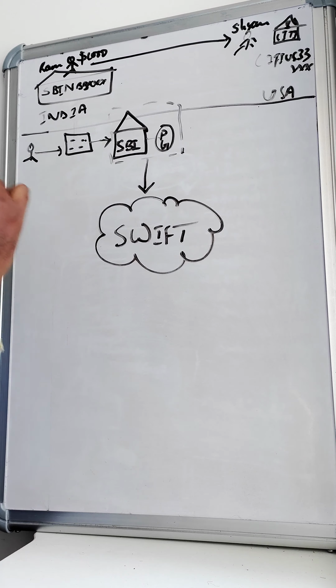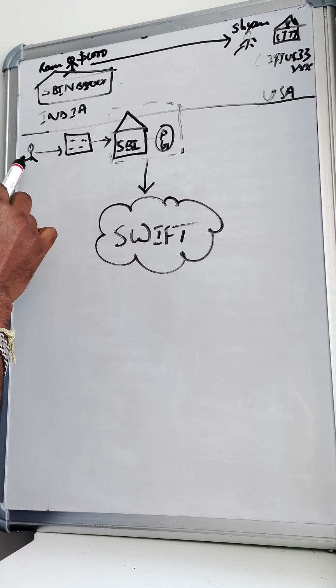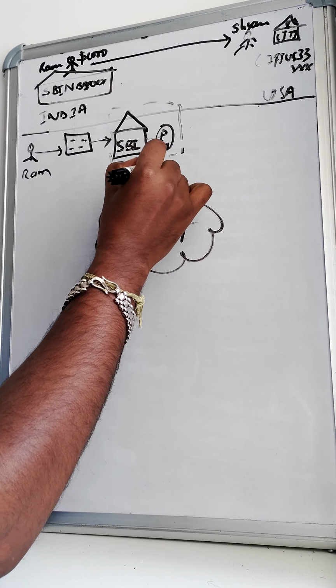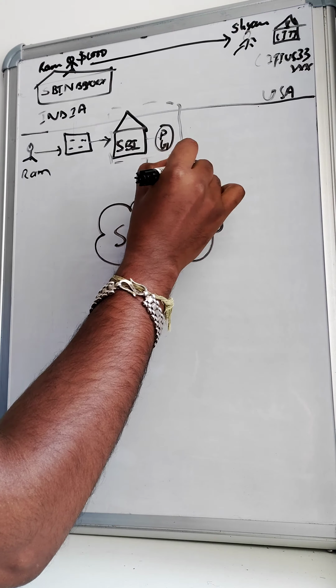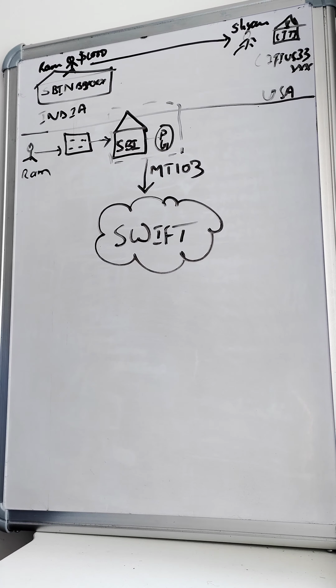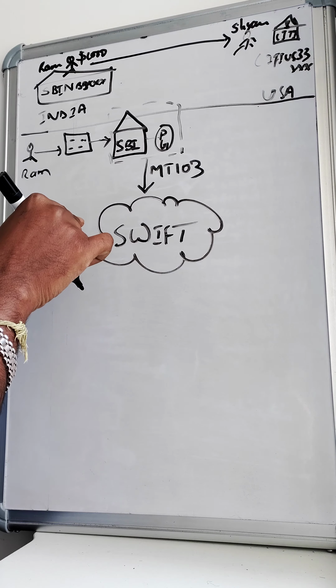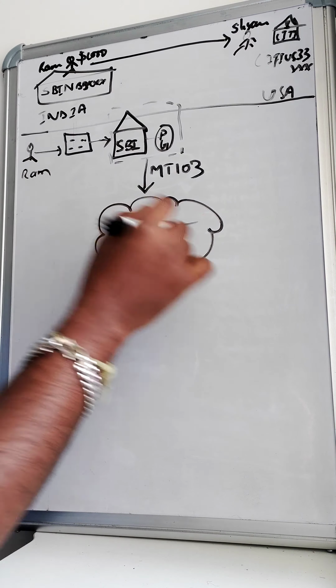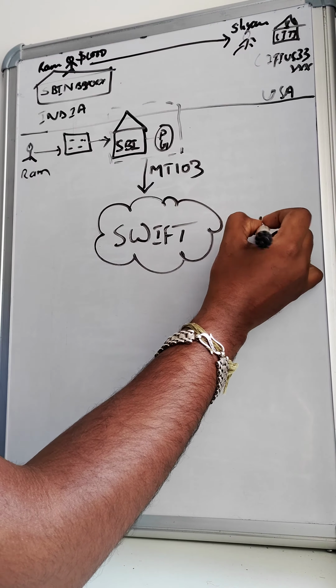Now assuming it is a single customer credit transfer, since a customer is involved here, it sends an MT103 message to Swift, right?